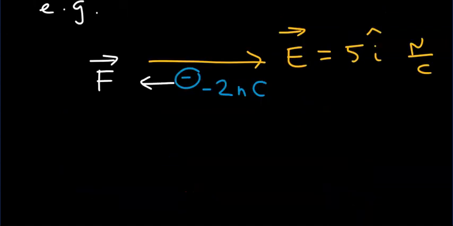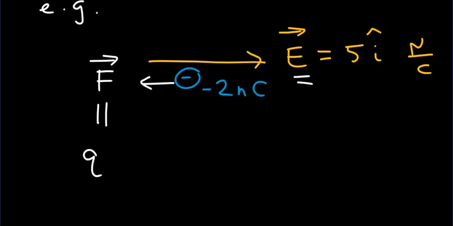As a quick example, what you have is a negative charge with a strength of -2 nanocoulomb sitting in an electric field with a strength of 5 newtons per coulomb heading in a rightward direction. So the force will be heading in a leftward direction because this is a negative charge we are dealing with. And this force can be computed in the following manner.